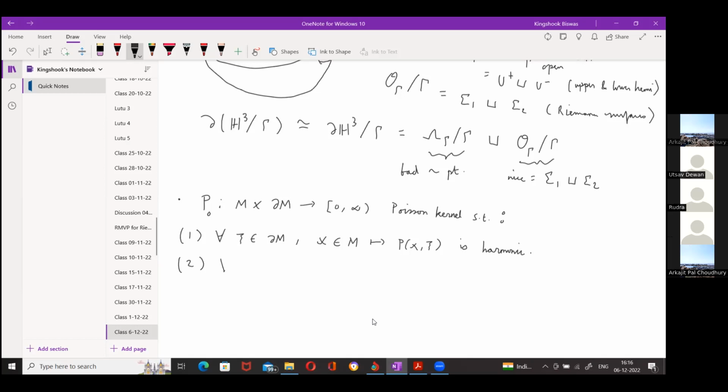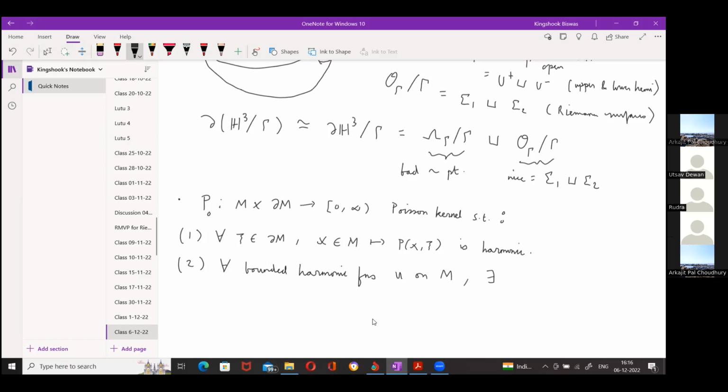So for all bounded harmonic functions, let me give a representation formula.